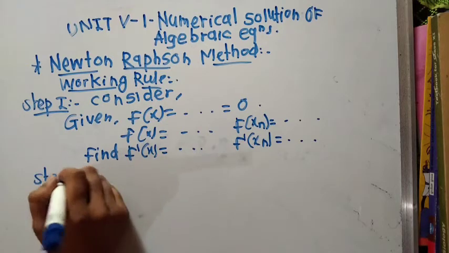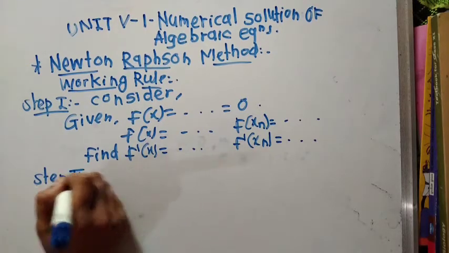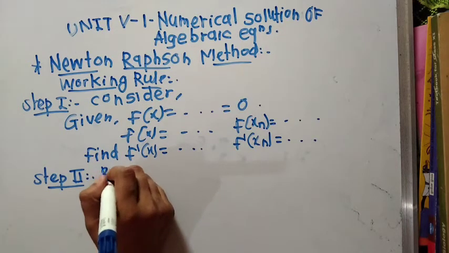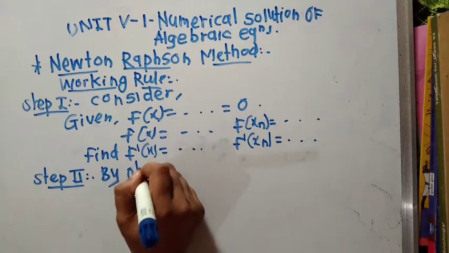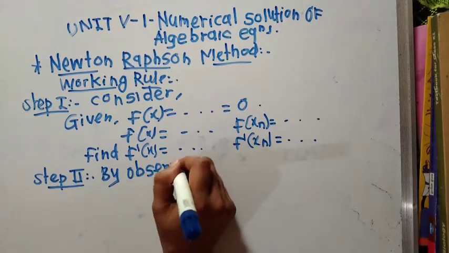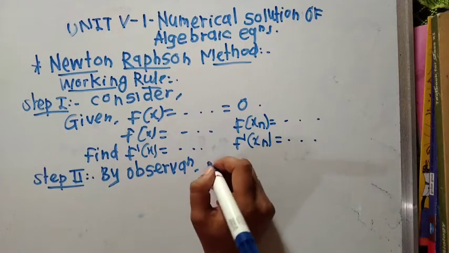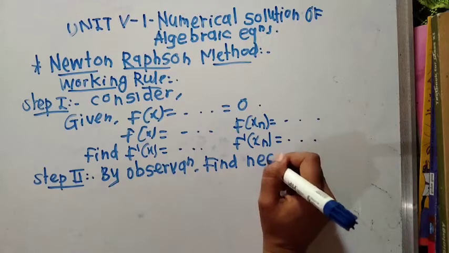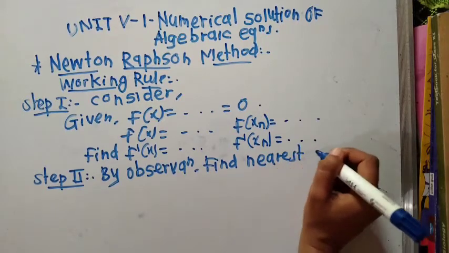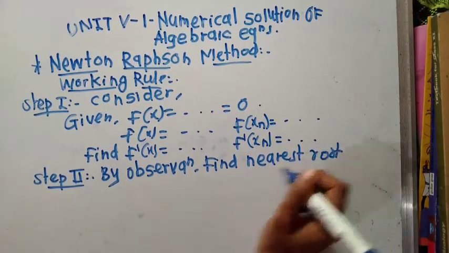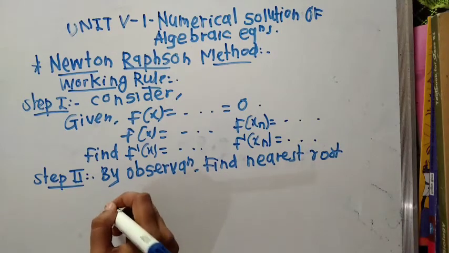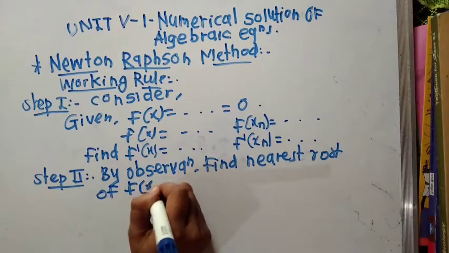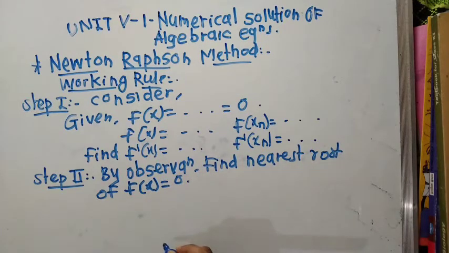Then step second is, by observation, find the nearest root of f of x is equal to 0.